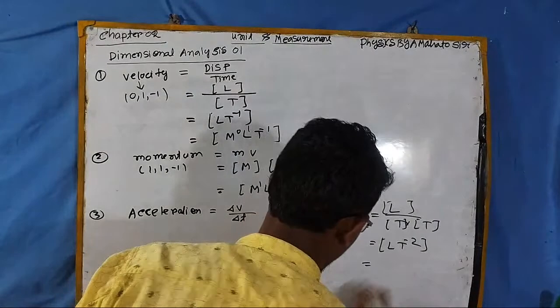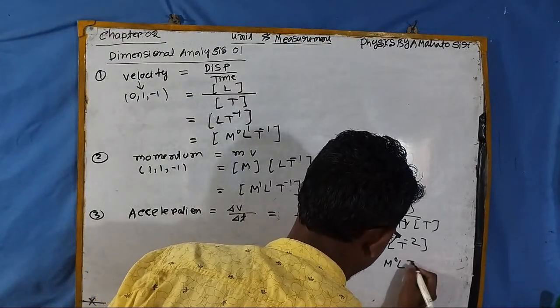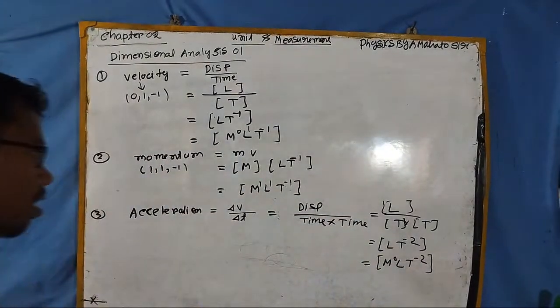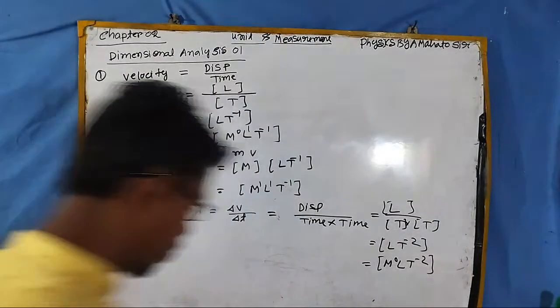Here M is absent, so M0, which is 1, giving M0 L T minus 2. This is the dimension of acceleration. Complete.